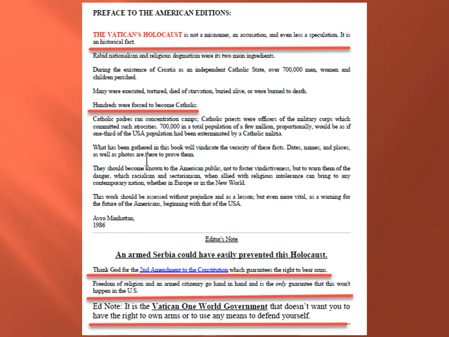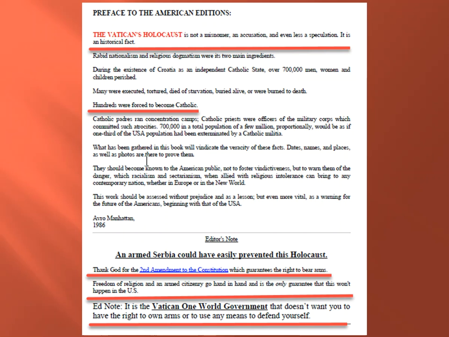They should become known to the American public, not to foster vindictiveness, but to warn them of the danger which racialism and sectarianism, when allied with religious intolerance, can bring to any contemporary nation, whether in Europe or in the New World. This work should be assessed without prejudice as a lesson, but even more vital as a warning for the future of Americans, beginning with that of the USA.